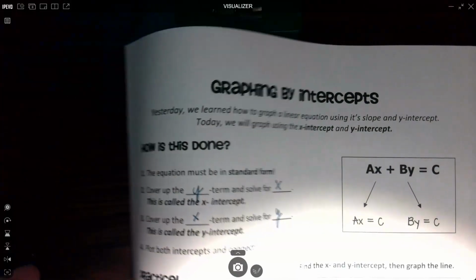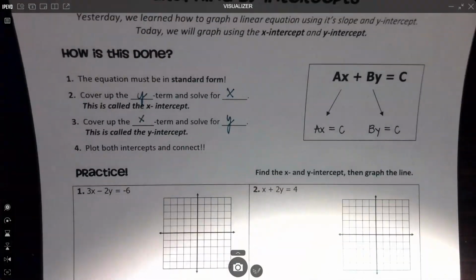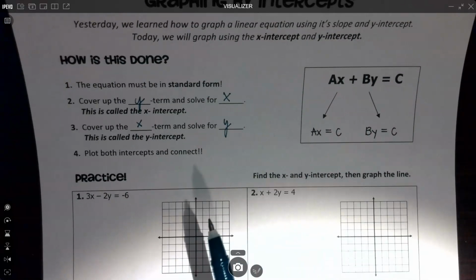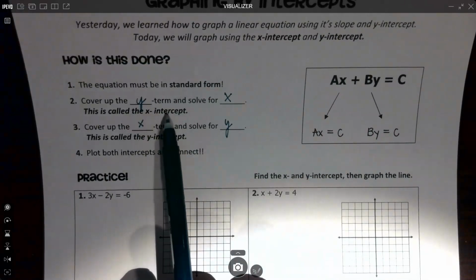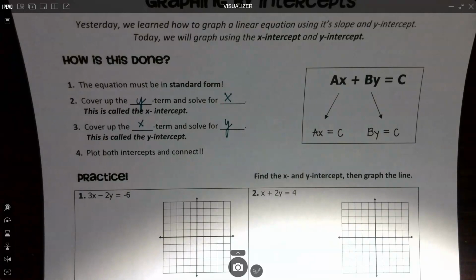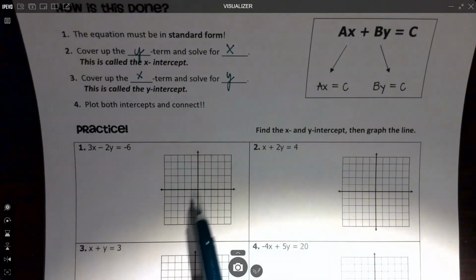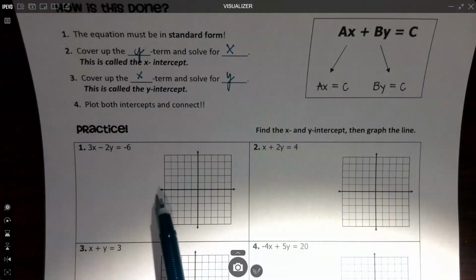Alright, so the idea here is, why are you covering it up? It's because when you are finding the intercepts, whatever intercept you're trying to find. So if you're trying to find the x-intercept, that's when you're crossing the x-axis. Every time I cross the x-axis, y is going to be 0.